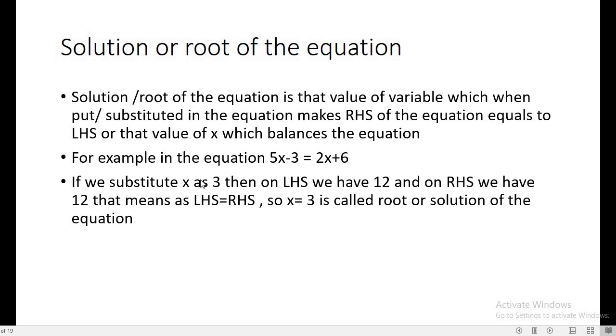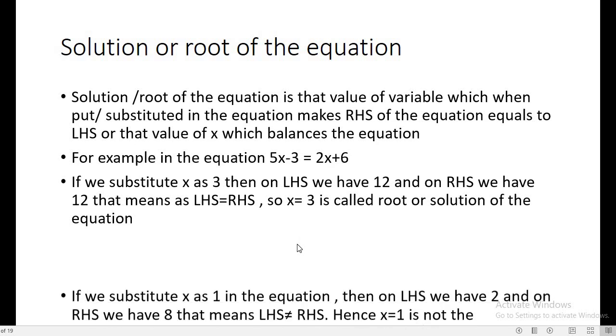So when we put x equal to 3, the left hand side is equal to right hand side. Hence 3 is called root or solution of the equation. It is that value of x for which left hand side becomes equal to right hand side.